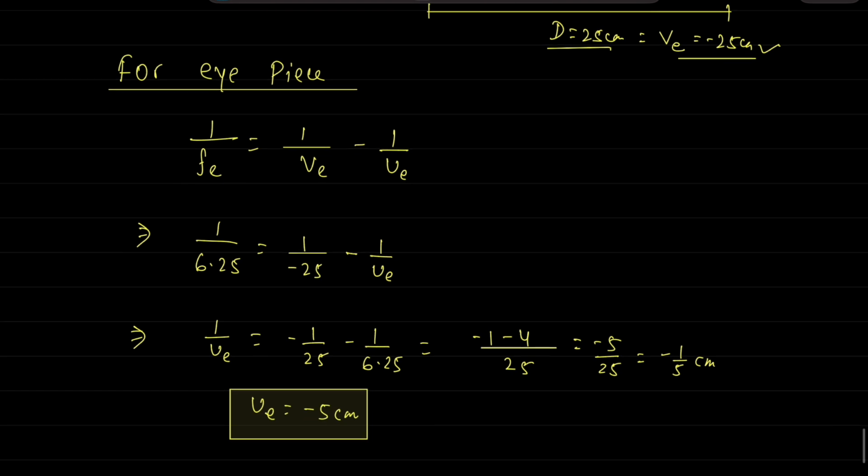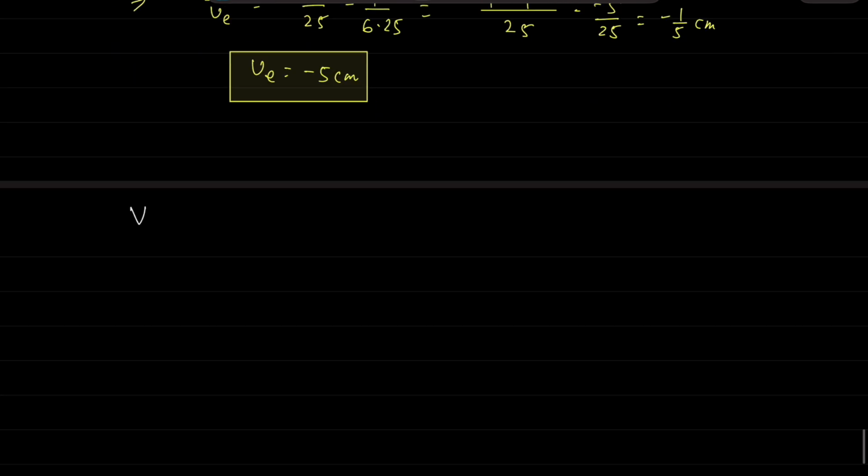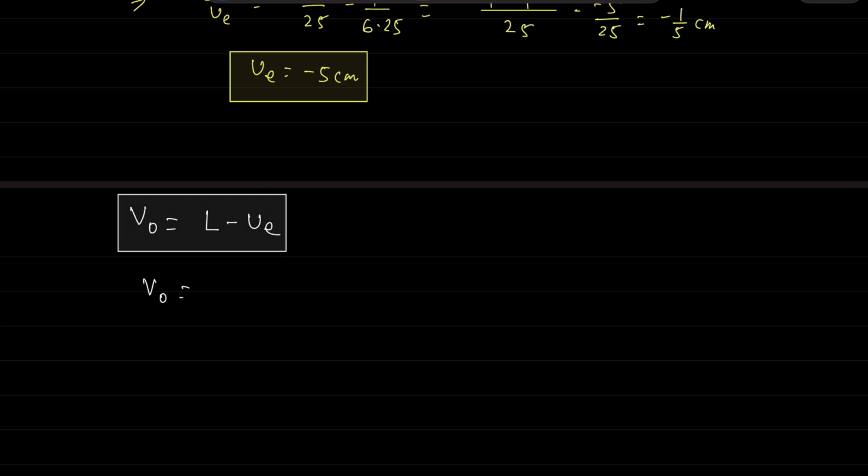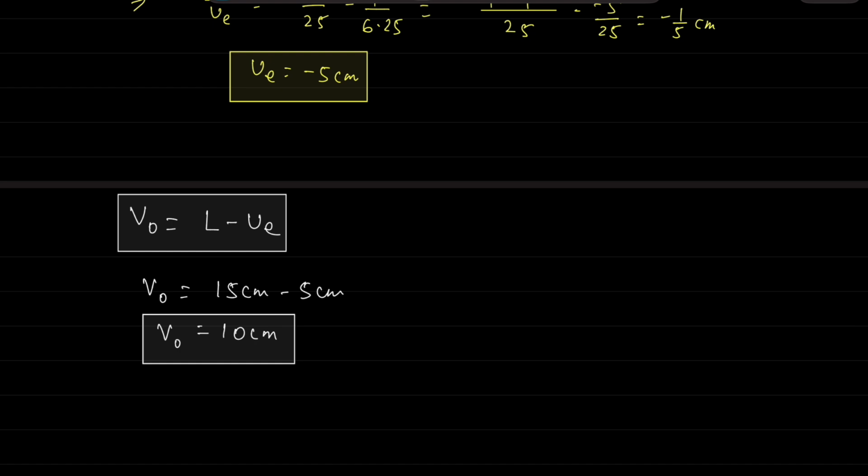So the same thing we can write here. VO is equal to total length minus UE, and we substitute the relation: VO is equal to 15 centimeter minus 5 centimeter. It's equal to 10 centimeter. So the image formed with respect to the objective is 10 centimeter.